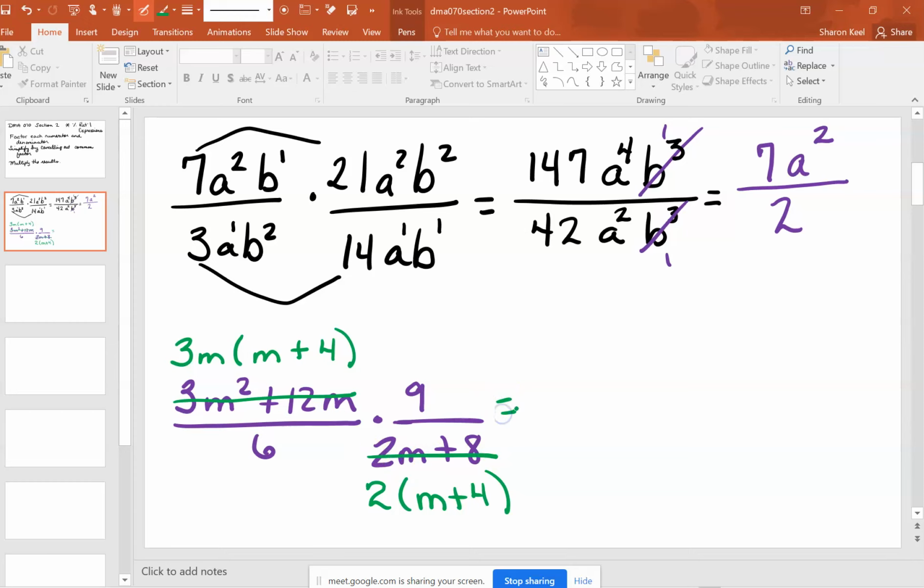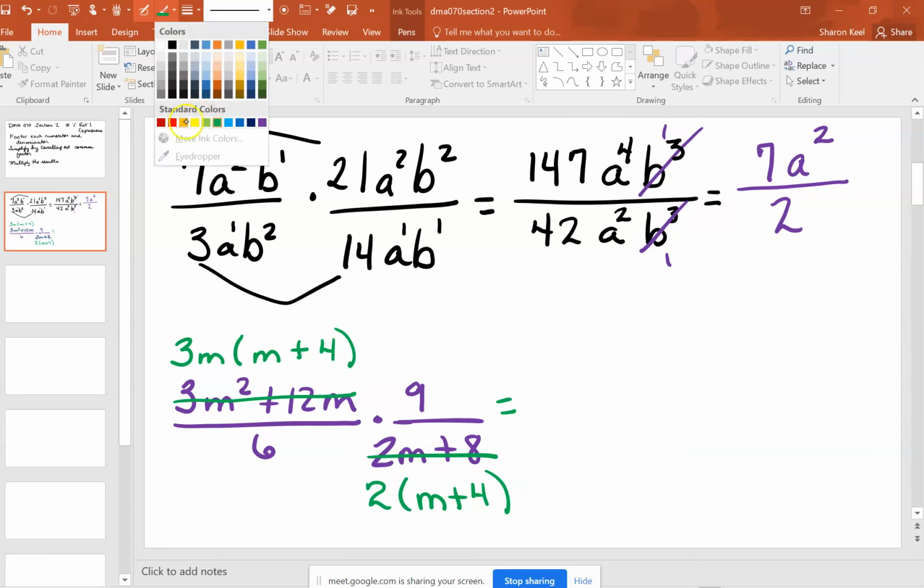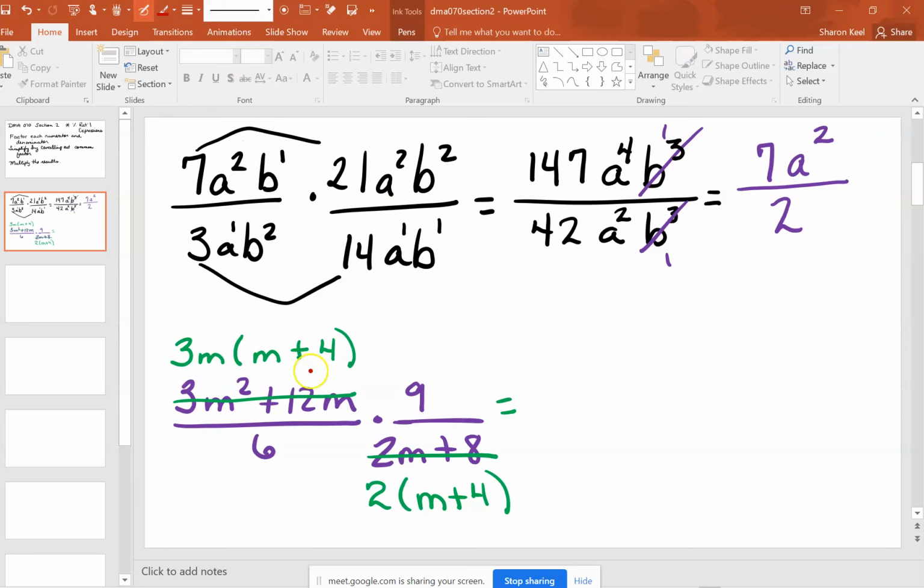My next step is looking at my parentheses that have the m plus 4. They are identical, one on top, one on bottom, so those are going to cancel out. Now I'm going to look at what I have in the numerator. I still have 3m times 9. 3m times 9 is 27m.